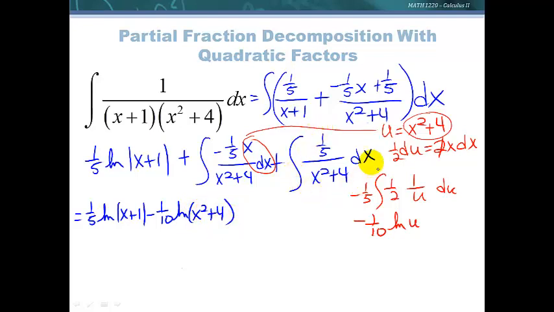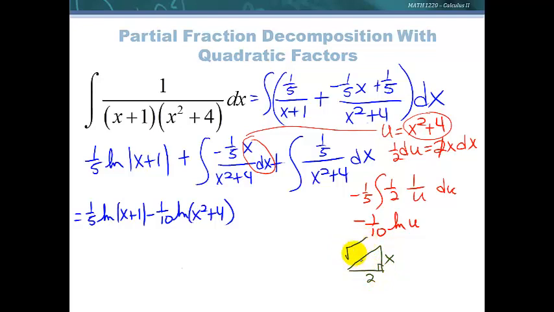And now we still have to deal with this one. And if we can recognize this one, that's great. If we're not sure what to do with it, we can always go back to our trig substitution and sketching a triangle. So let's make our triangle. And let's label the sides so that we have x here, 2 here.